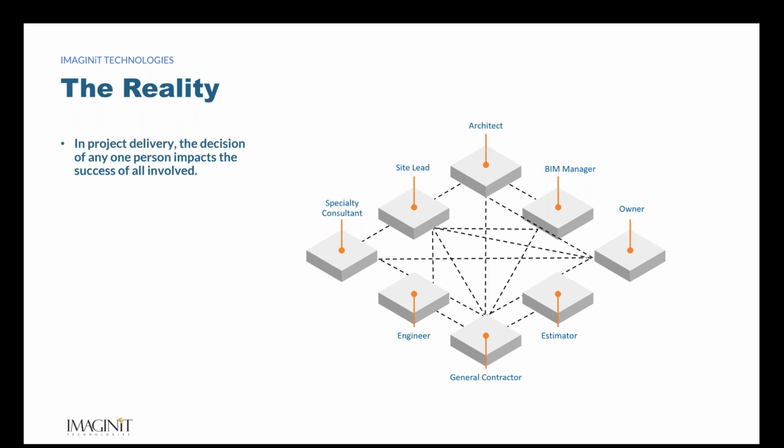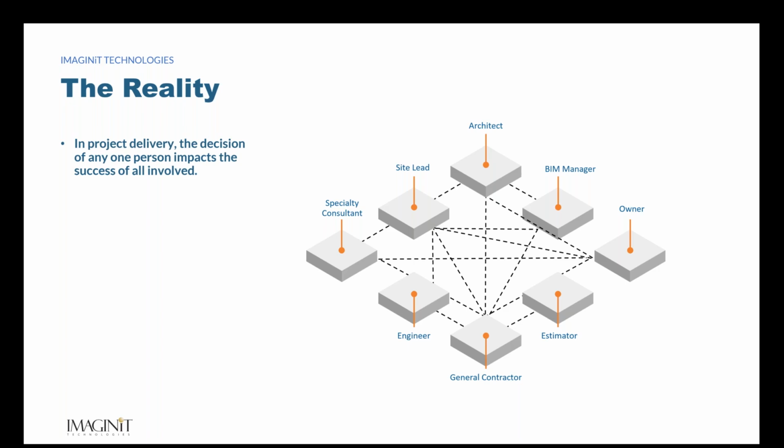Every one of those decisions impacts the progress and success of a project, based off of the people that you're working with, and other stakeholders that are involved that might be indirectly related to what you've got going on. It's a number of different things that we need to control.